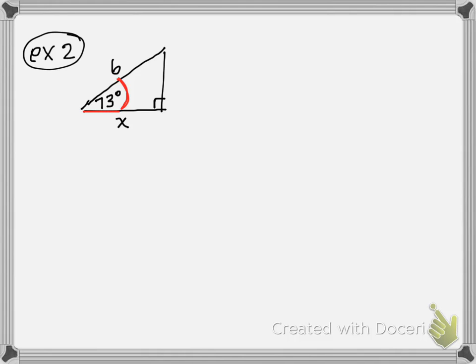From this angle, we know the adjacent side, and we know the hypotenuse. Well, the trig function that uses adjacent and hypotenuse is going to be your cosine of that angle. So cosine of that angle is going to be X over 6. And all we did, we set it up the same way that we normally do, only we have an angle measure now, where we just had an angle letter.